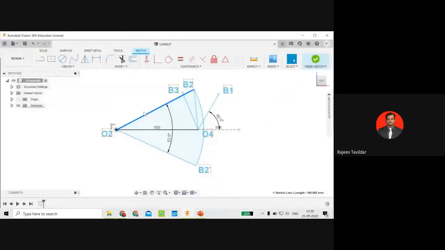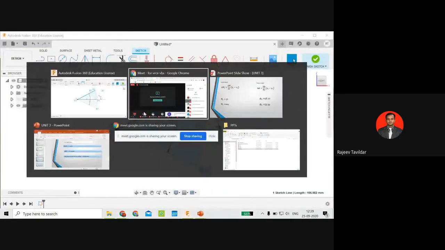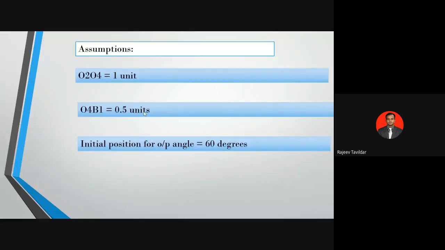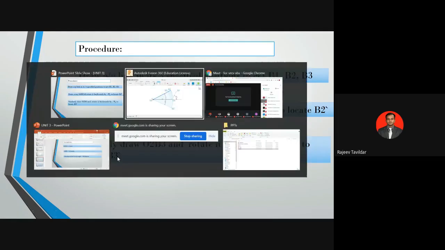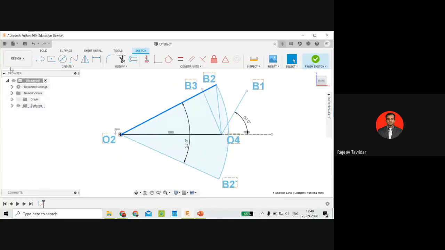Okay, the next step, let us see in the presentation what it is. The next step is to similarly draw O2B3 and rotate it backwards by psi 3, so that you can locate B3 dash. Okay, let us repeat this step now.